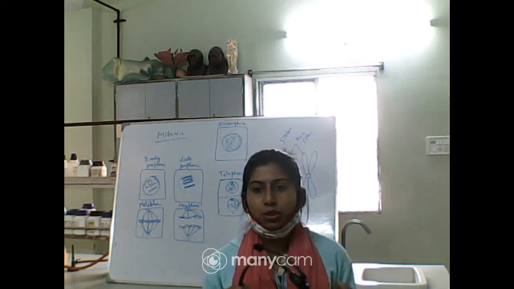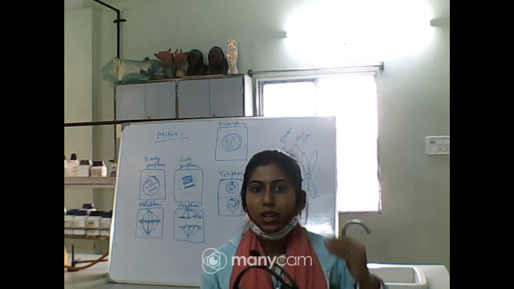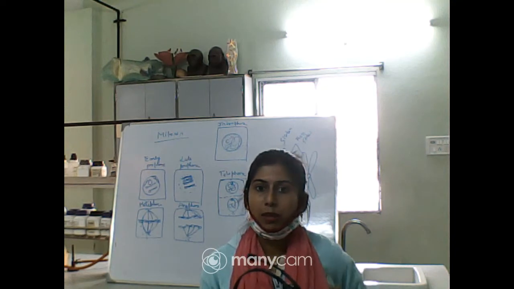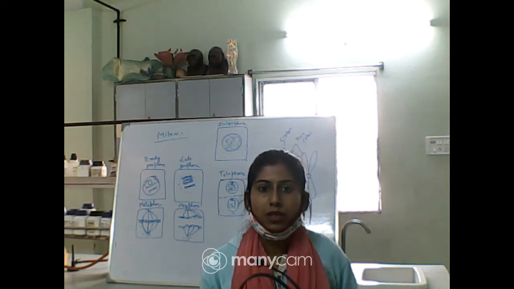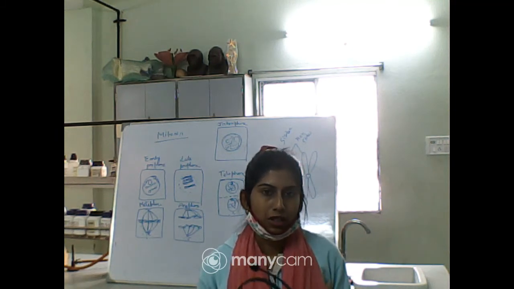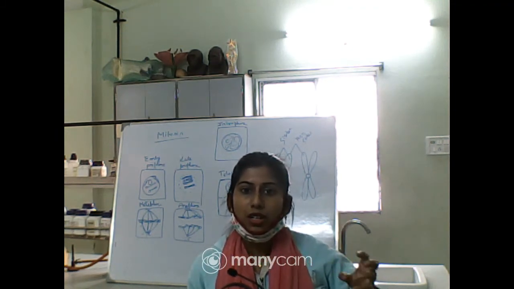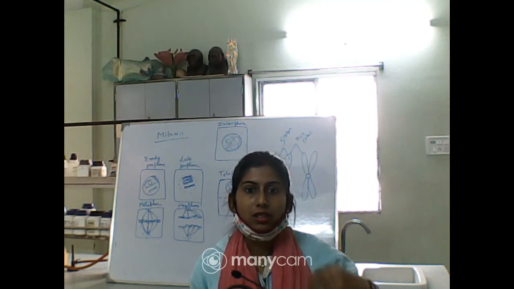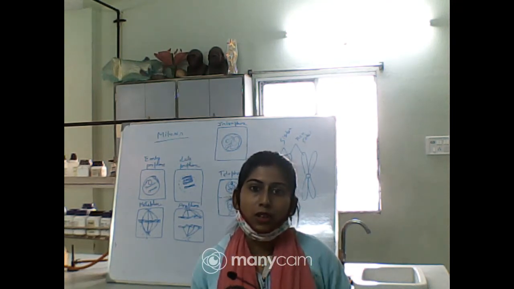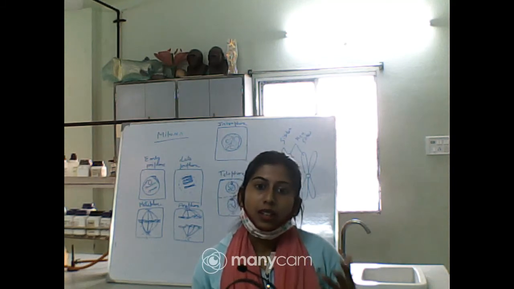And as you know, this n, 2n, that is diploid and haploid. 2n means diploid. When it consists of two complete sets of chromosomes, it is considered as diploid, and when only one complete set of chromosomes is present, then it is called n or haploid. Okay, so this diploid condition can be found in the body cells or autosomes or somatic cells, and the n or haploid condition can be found in the gametes.